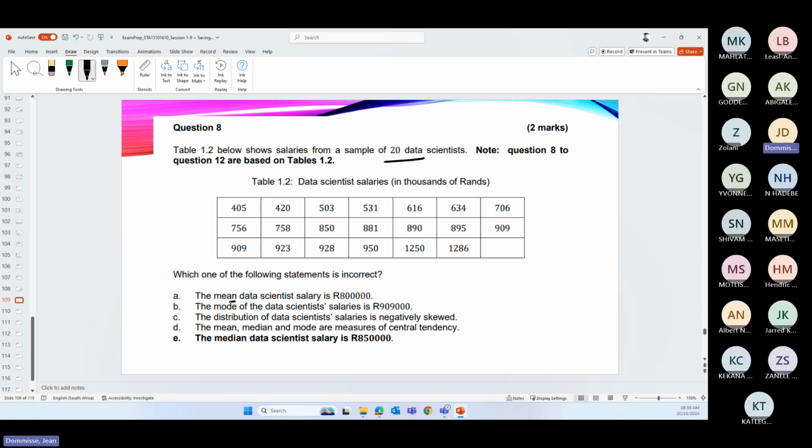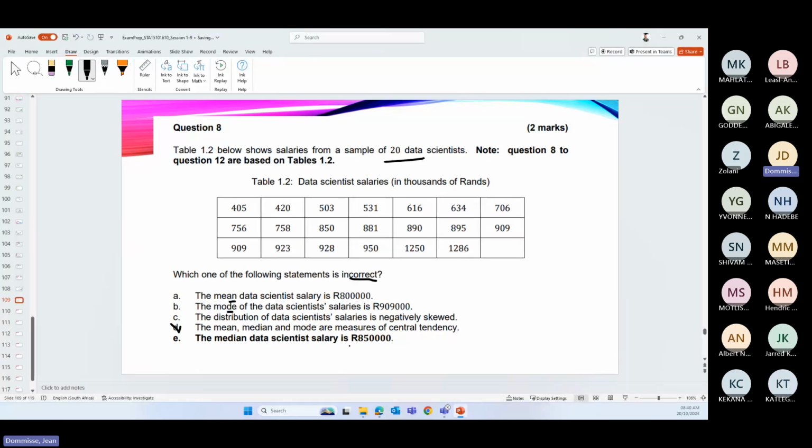You need to work out the mean and mode, then you need to say whether the distribution is negatively skewed or not. The mean, median, and mode are measures of central tendency. Okay, cool, so that one is already correct, but we want the incorrect one. The median data scientist salary is that. So we will need to first look at this data.